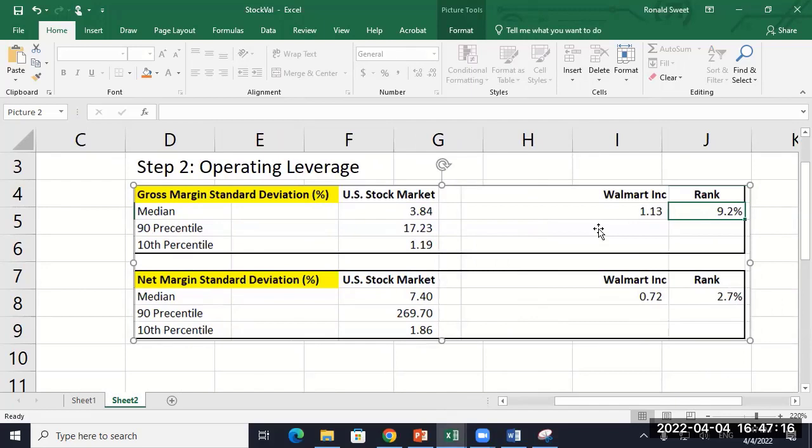So we know hourly workers, that's a big part of it. And this is a firm that can, this is a big issue right now, essentially pass on inflation to their consumers. If gasoline prices go up, Walmart's going to charge more for gasoline. If Apple prices go up, they're going to charge more.